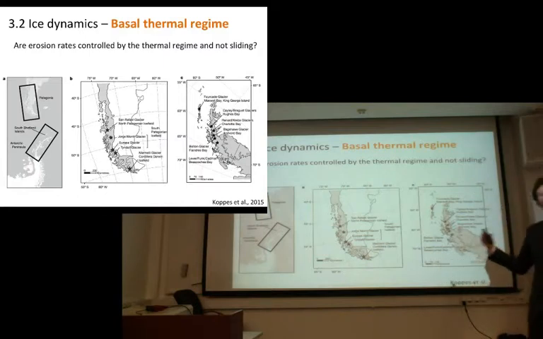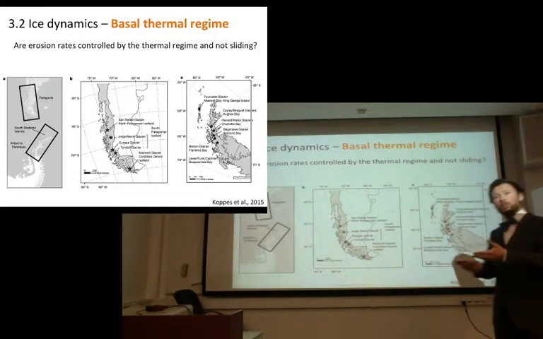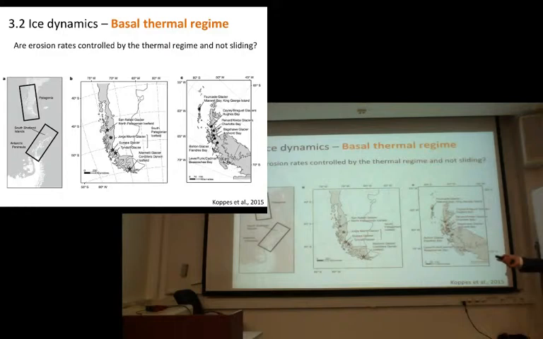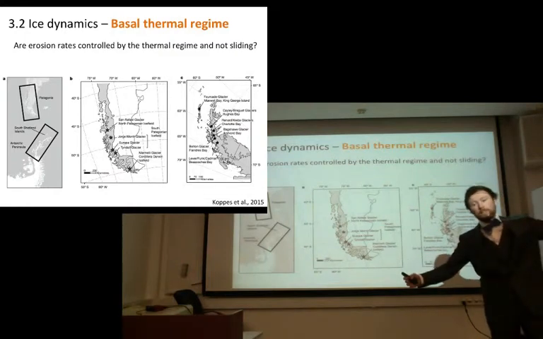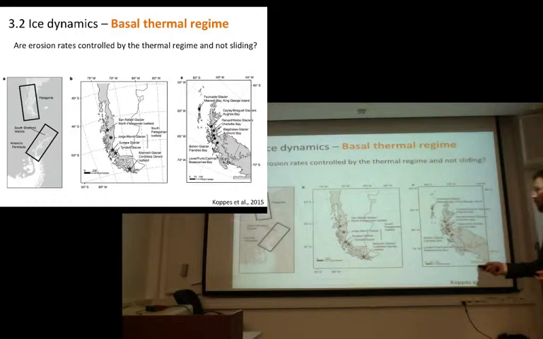But, as I mentioned before, the regime is controlled by the thermal regime and not sliding, although it's a bit late. There is a study from Koppes, and they looked at a range of glaciers covering a wide span of air temperature, but having the same climatic conditions. They looked at the sediments in front of these glaciers to assess the erosion rate.